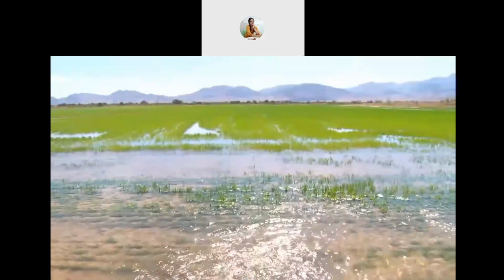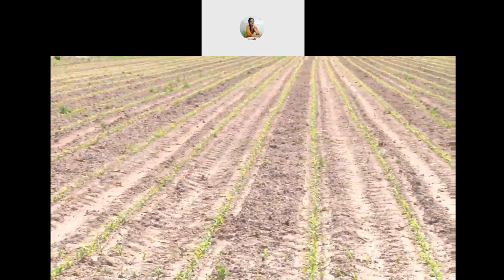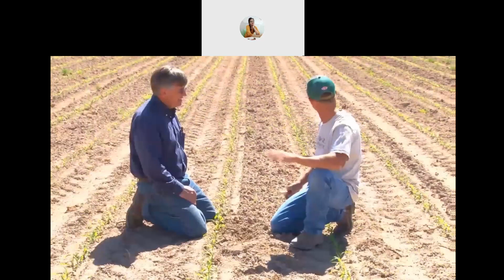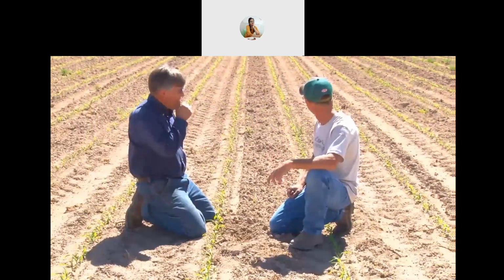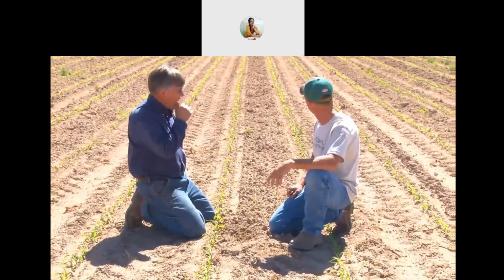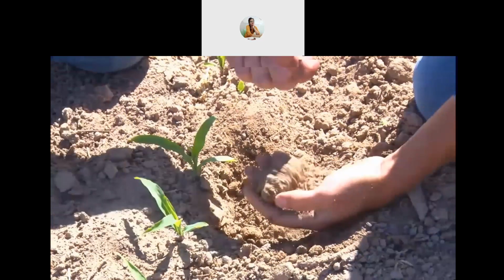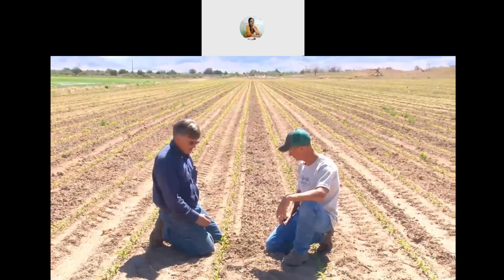This is the first crop in after we put the pipeline in, and we disked it once, and then had him come and level it, and he put a nice finish on it, and then we just left it alone. So it'll be fun to see how this irrigates with it being level, as opposed to the field we were just looking at that you're going to do a touch-up on later.